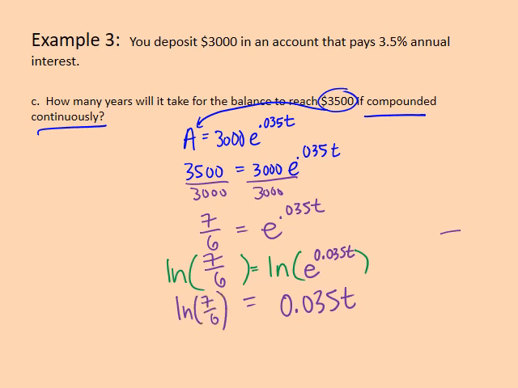So to solve for t, we just need to divide both sides by 0.035. And when we enter all that information into our calculator, we end up with 4.4 years. You can go to 1 decimal place, 2 decimal places, 3 decimal places. At this point, it doesn't matter as long as you give a good approximation.